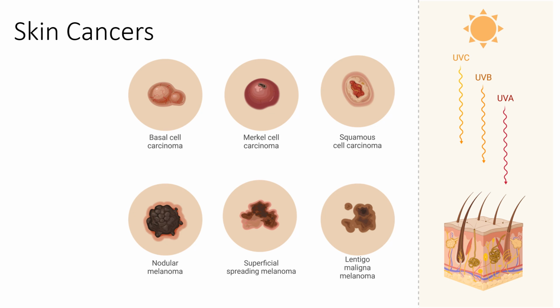A squamous cell carcinoma is cancer or too much division of a keratinocyte, not the stem cell, right? The keratinocytes are not supposed to divide by themselves, but a squamous cell carcinoma is one keratinocyte that has decided, I'm now going to divide.